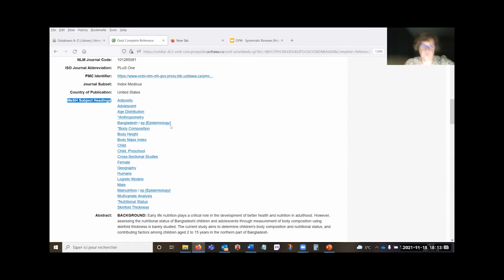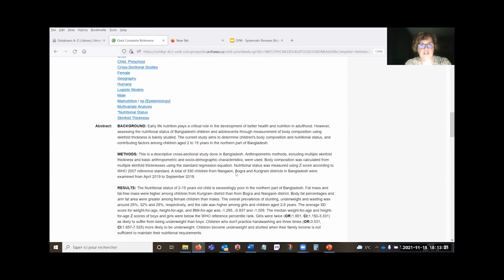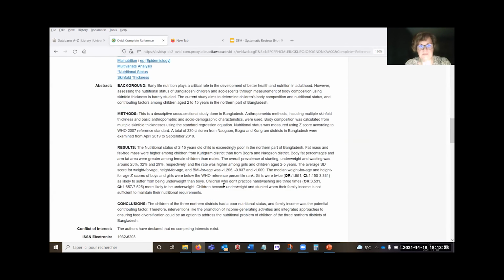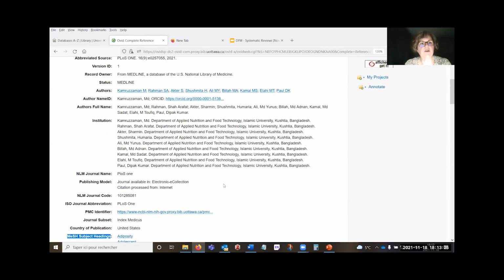It's not one linked with multiple sclerosis, I'm just giving you an example. So this article was picked up, as I said, because the database subject, adiposity, was used for indexing this specific article.